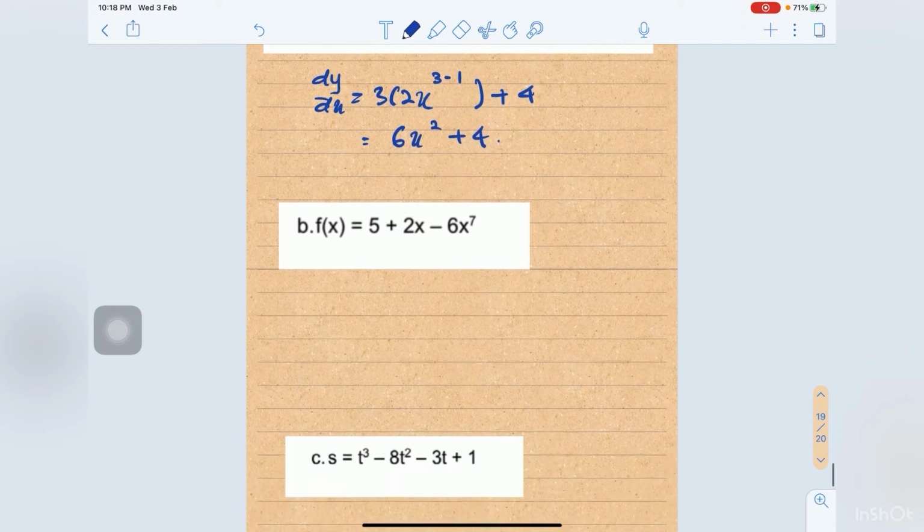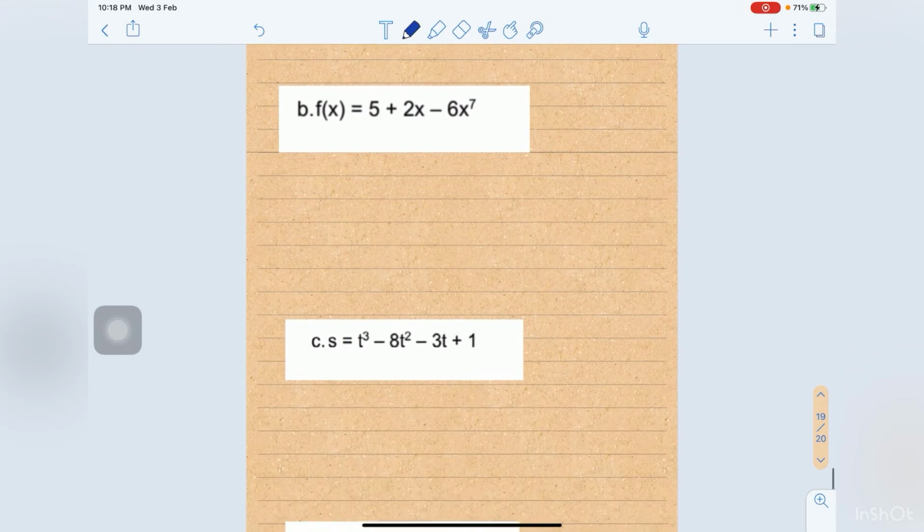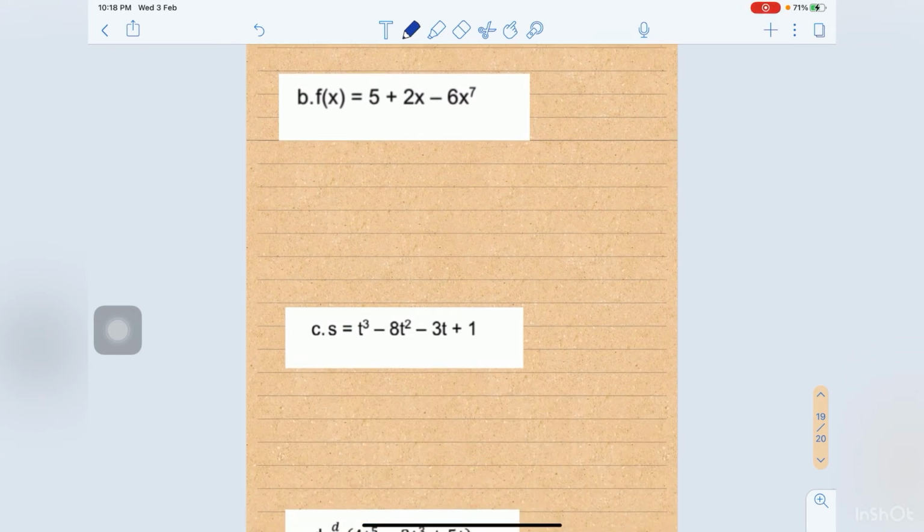Okay. So for B, we have f(x) equals 5 plus 2x minus 6x power of 7. So differentiate. We get f prime x equals, differentiate 5 is 0, differentiate 2x, we get 2. This one, 7 times 6x power of 7 minus 1.